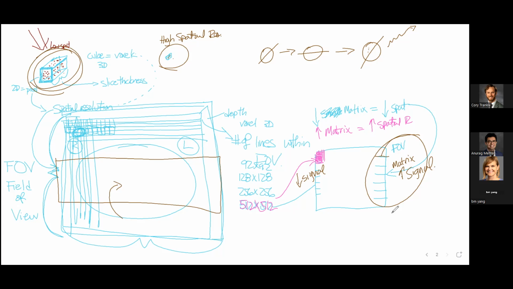If you've got lots of protons in your voxel, you're going to be able to see things. If you set your spatial resolution too high, making your matrix a very high number like this, you don't have as many protons, there's not going to be enough signal, and the image starts to just gray out. So it's a balance. You're adjusting your field of view and your matrix size so that you have an appropriate signal to understand the target that you're trying to image.